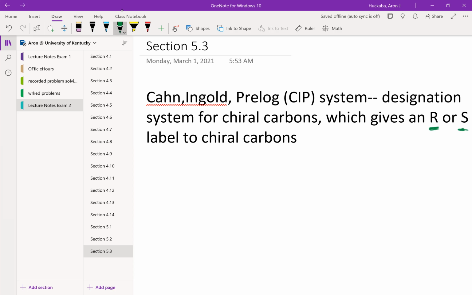So this is going to be really important because we're going to be able to draw molecules. And let's see, if we had this molecule, it's very simple. This molecule has a molecular formula of C4H9Br.